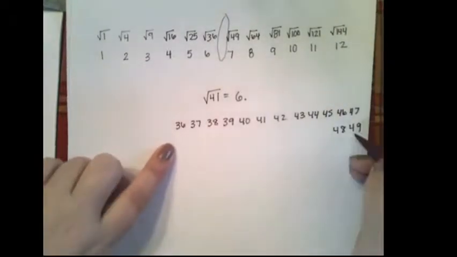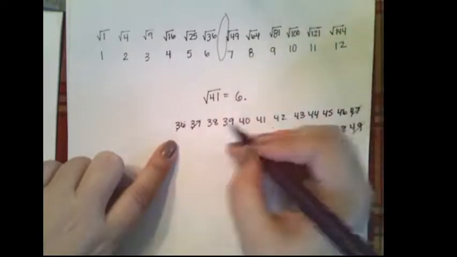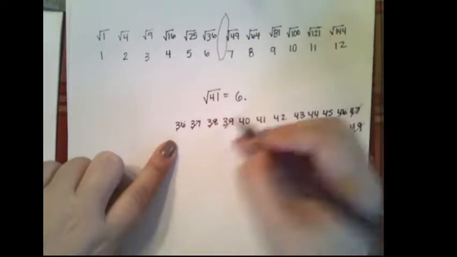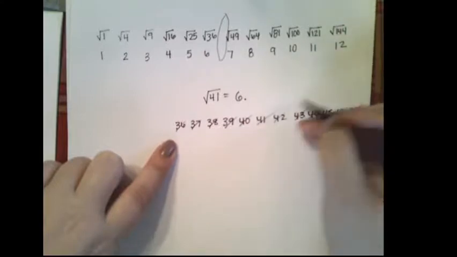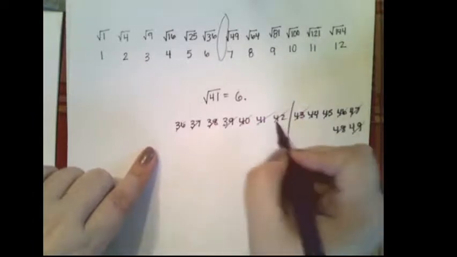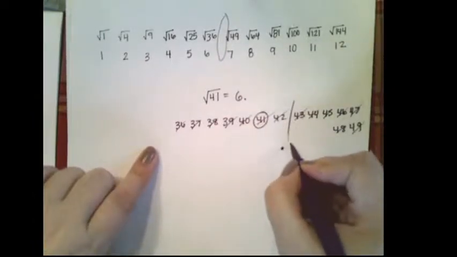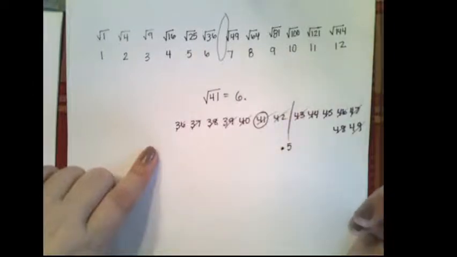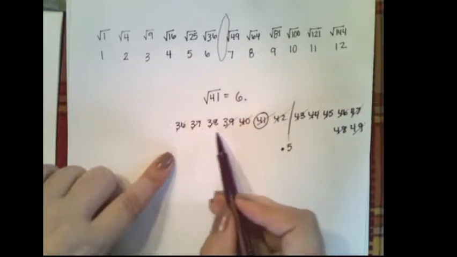I can check them off as I go. So right there is our middle, so this middle is like 0.5. And then I base my decimal off of that.